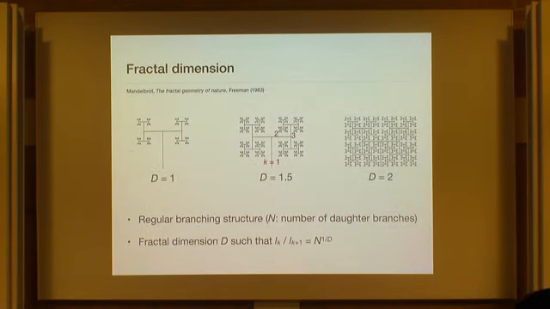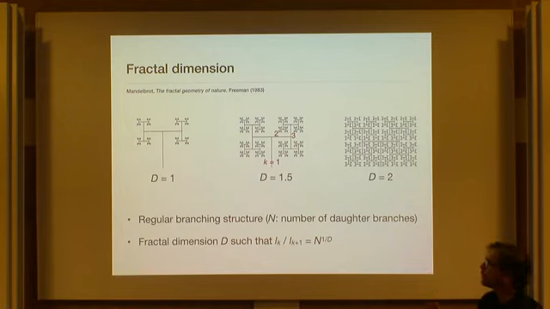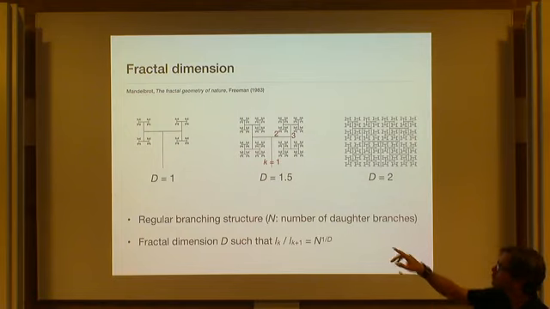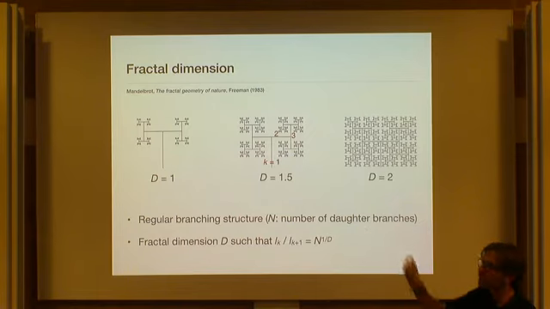So to quantify self-similarity, we use a fractal dimension. And to calculate the fractal dimension, I will only consider the length of different branches, not the diameter yet. When you construct a very simple regular tree like this, the fractal dimension is directly linked to the ratio between the length of two successive segments.